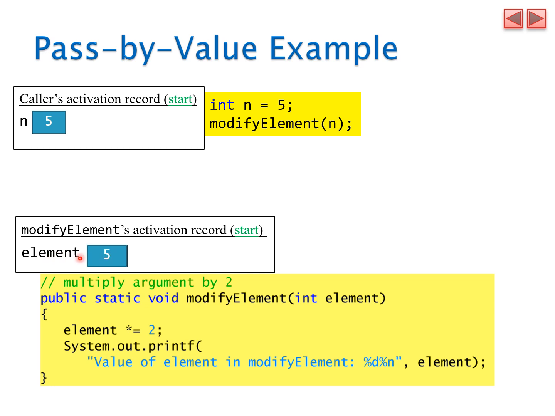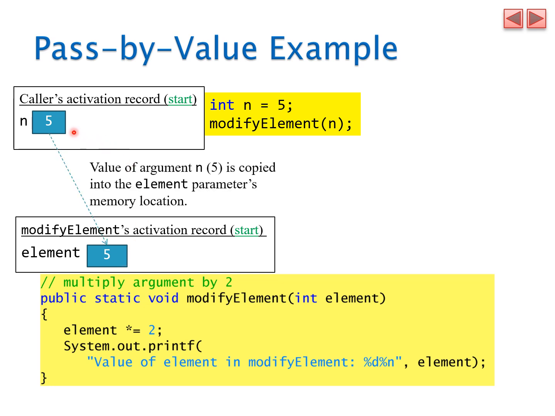Then the value of argument n, which is 5, is copied from its memory location in the caller's activation record into the memory location allocated to parameter element. The modifyElement method will then work exclusively with this copy, which is separate from the memory location for the argument n.